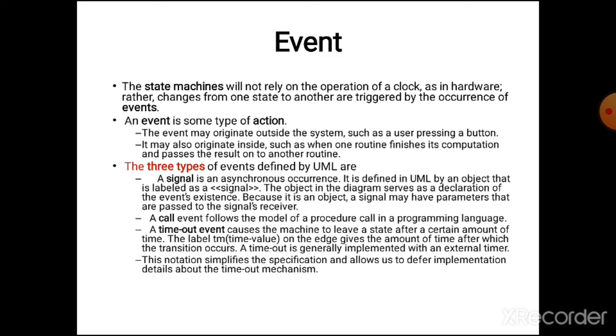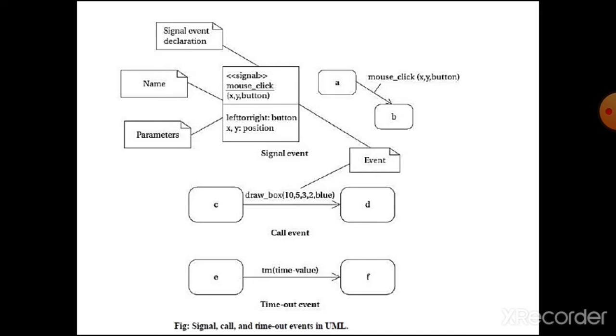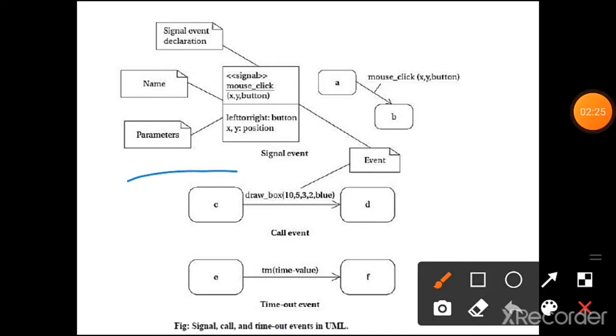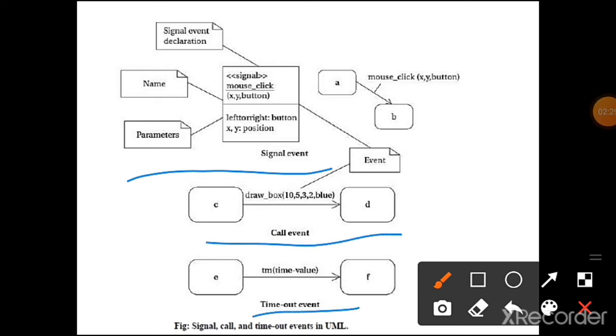There are three types of events defined in UML. One is signal, another one is call, and the third one is timeout event. So here this is the representation of a signal event. Here it is a signal event, this one is a call event, and this one is a timeout event.